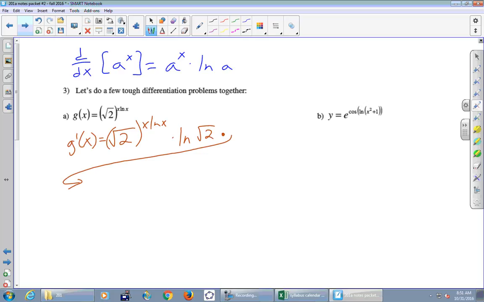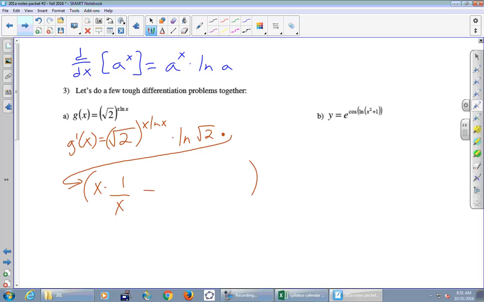So the derivative of the stuff, what rule for x ln x? That's a product rule. So big old product rule calculation here. So product rule, first times derivative of the second. First times, what's the derivative of the second? It is 1 over x. It will simplify to 1.